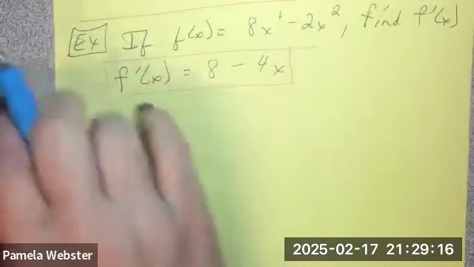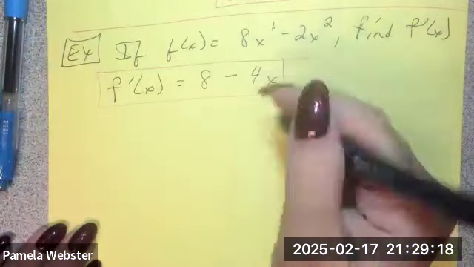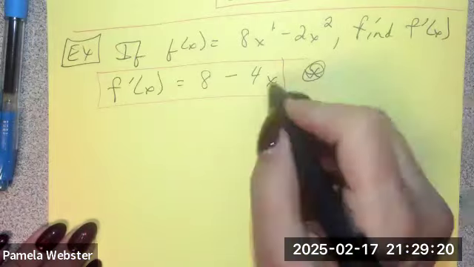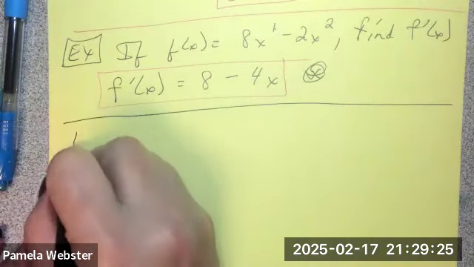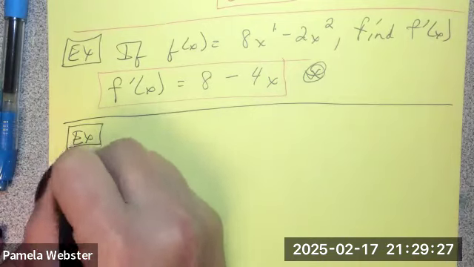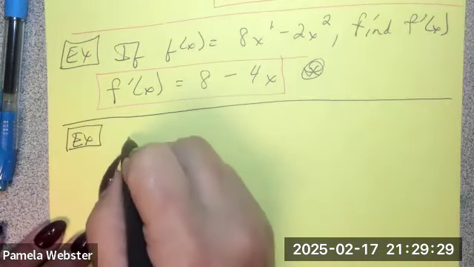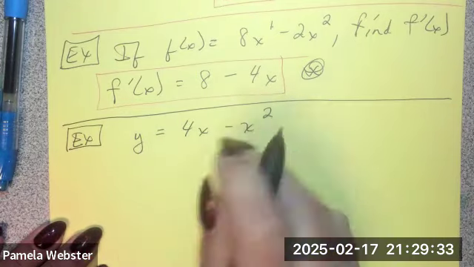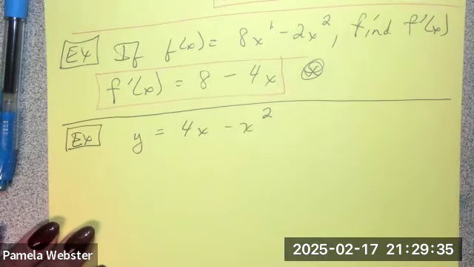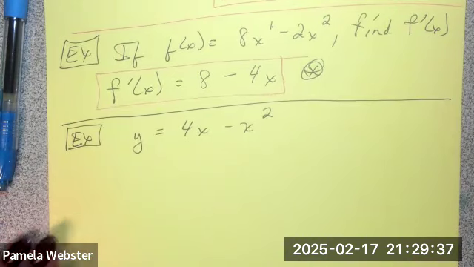Let's do one we did by hand. We actually did this one by hand last time, but it's the one that I told you to work on your own. So let's do one we did together by hand last time. Remember how long it took us to do these things? The problem was y equals 4x minus x squared.